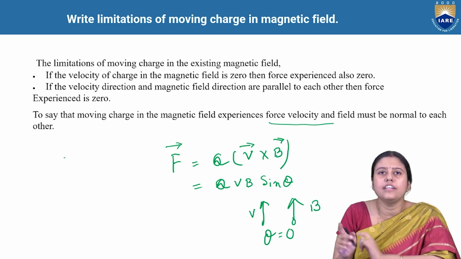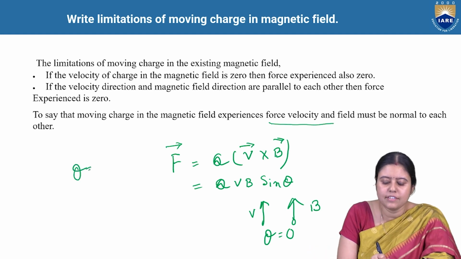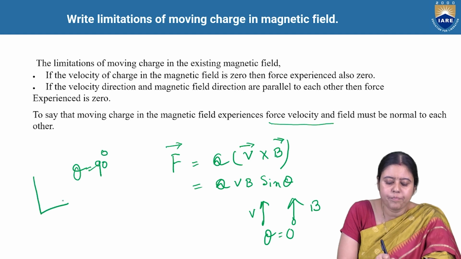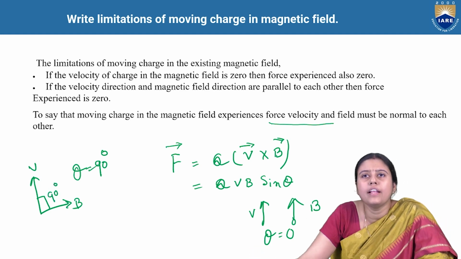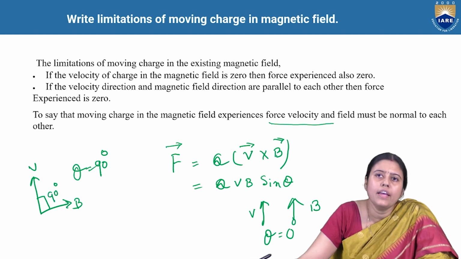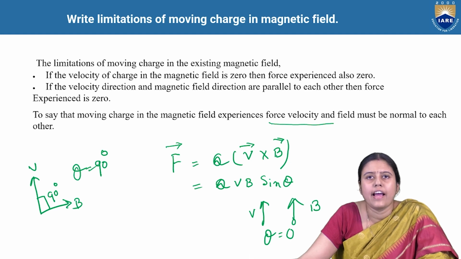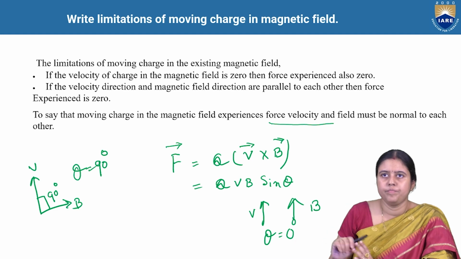And if the field is normal to the velocity, that is, theta is equal to 90 degrees, with V and B at 90 degrees to each other, then the force will be maximum. Why? Because sin 90 is always 1.